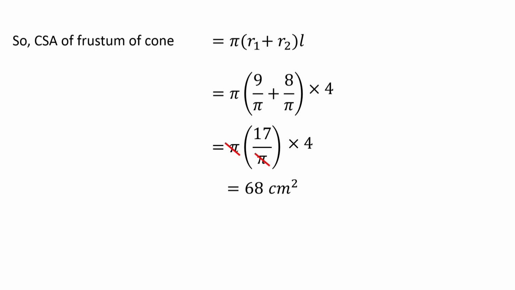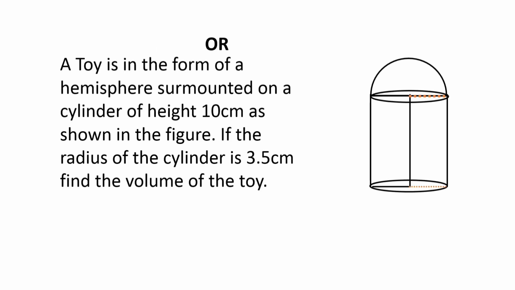There is an internal choice question for this one. A toy is in the form of a hemisphere surmounted on a cylinder of height 10 centimeter as shown in the figure. If the radius of the cylinder is 3.5 centimeter, find the volume of the toy. Here what is given?